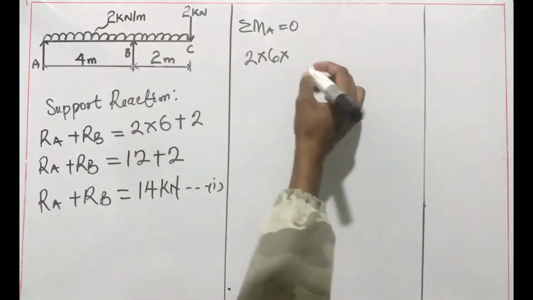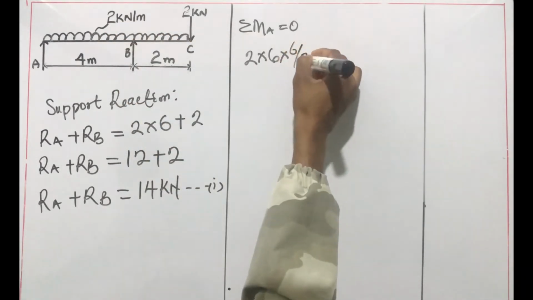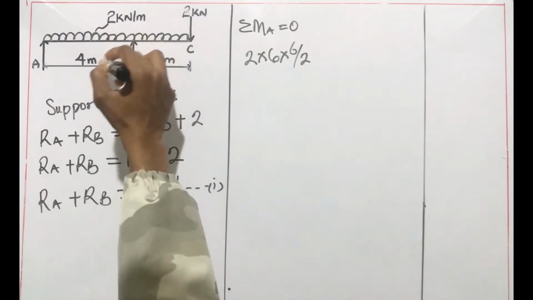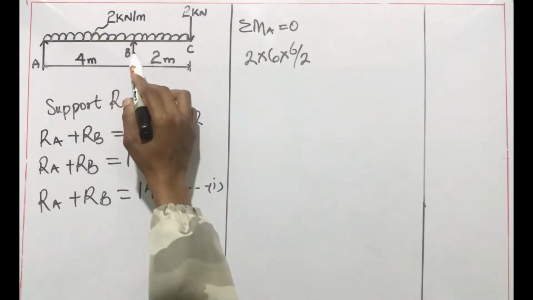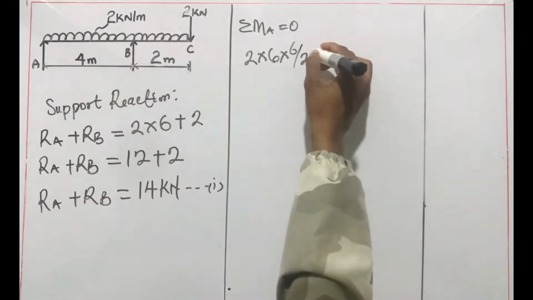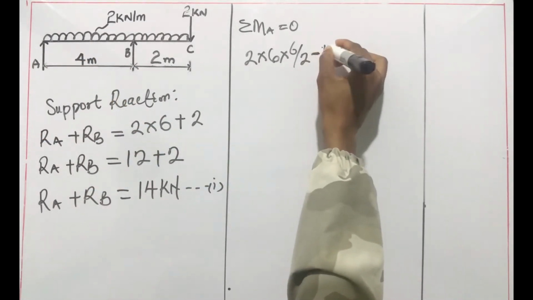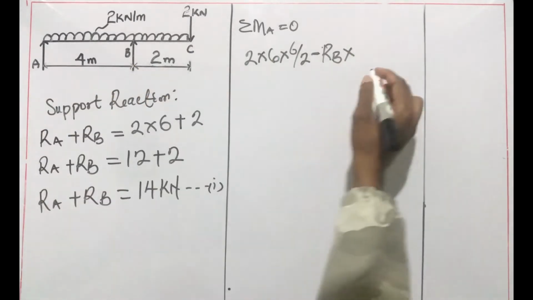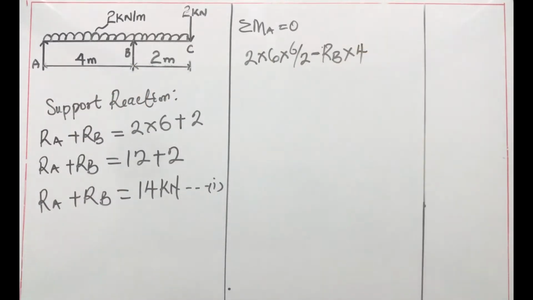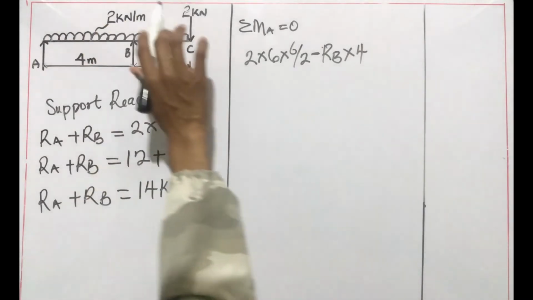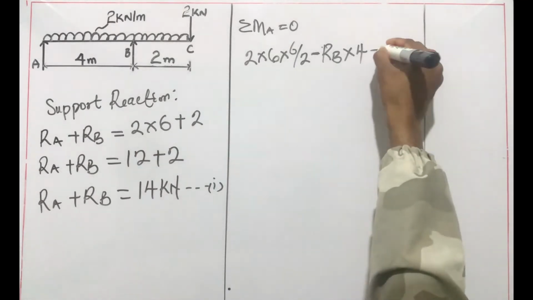The first is the UDL, which is 2 multiplied by its distance multiplied by the distance divided by 2, because it's going to be converted to a point load that will be acting at the center of its distance. This is a clockwise moment. The next force is an RB force, which is an anti-clockwise moment, multiplied by its distance, 4 meters.